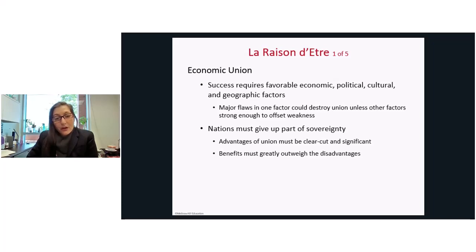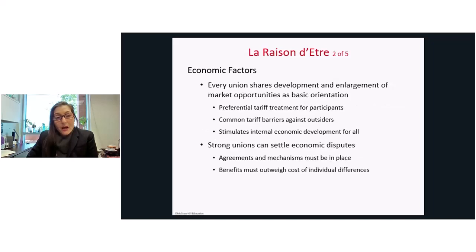So within an economic union, there are various factors, including political and economic. So let's look at economic first. Every union shares development and enlargement of market opportunities as the basic orientation.